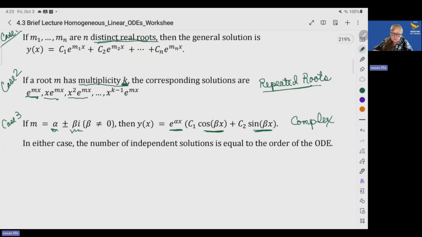So our two solutions here are going to be e to the alpha x cosine beta x and e to the alpha x sine beta x. And you can put them together by multiplying by those constants C1 and C2 to get the general solution to the equation. So we'll look at complex roots as well.